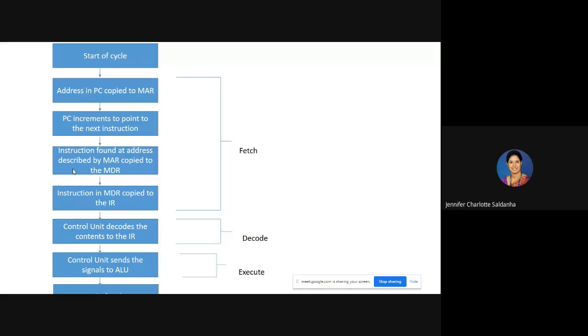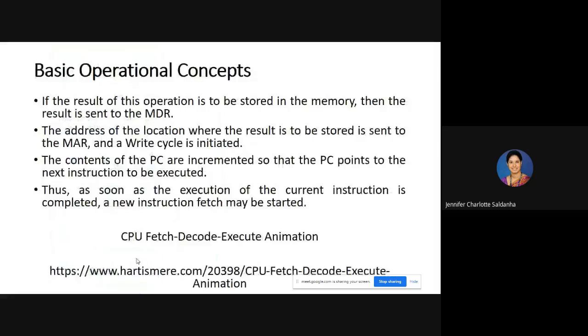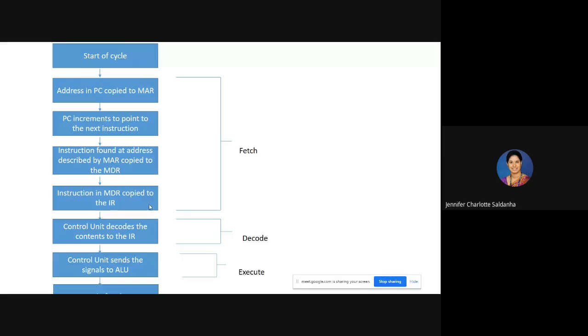Instruction found at address described by MAR is copied to MDR. Instruction in MDR is copied to IR. Control unit decodes the contents of the IR. Control unit sends the signals to ALU. Okay, so these many operations come under fetch.